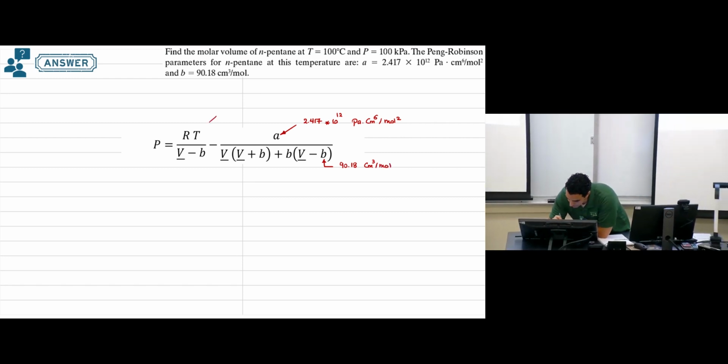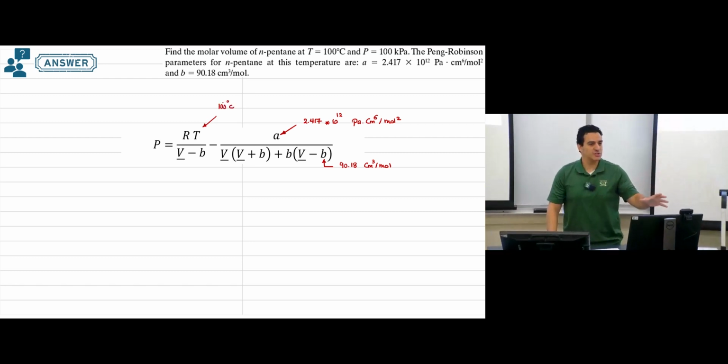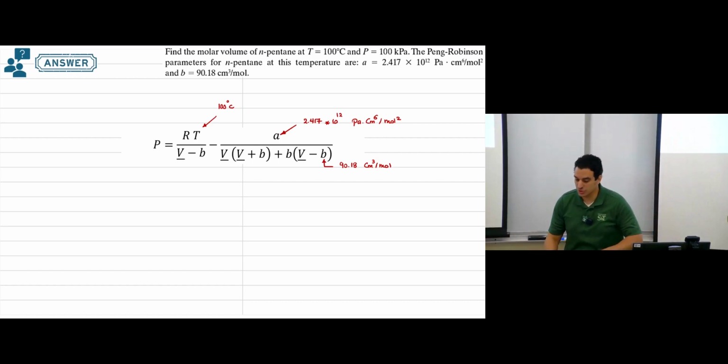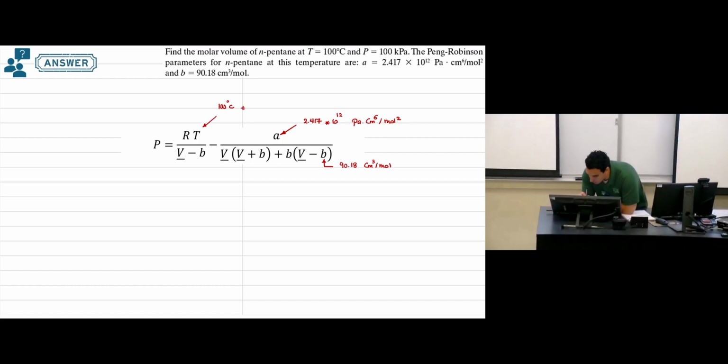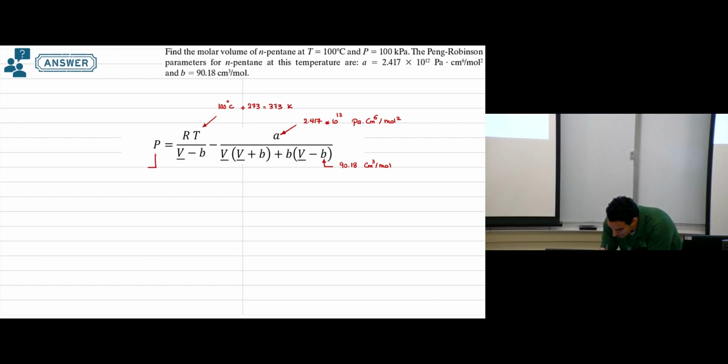The temperature is 100 degrees Celsius. Should we leave it Celsius? No, we don't use Celsius, so this one should be Kelvin. So plus 273, this will be 373 Kelvin. Pressure, we have 100 kilopascal.